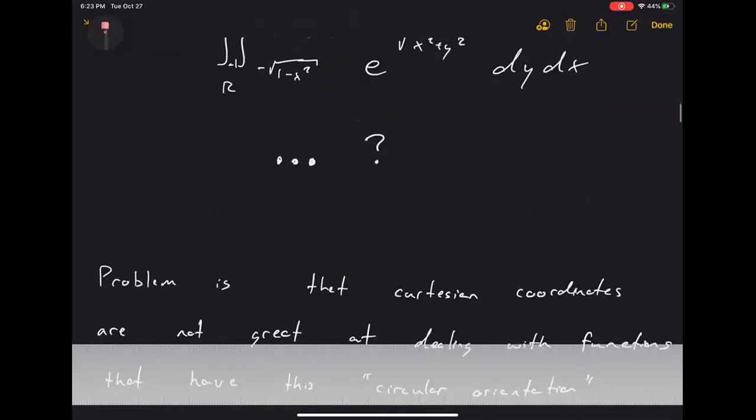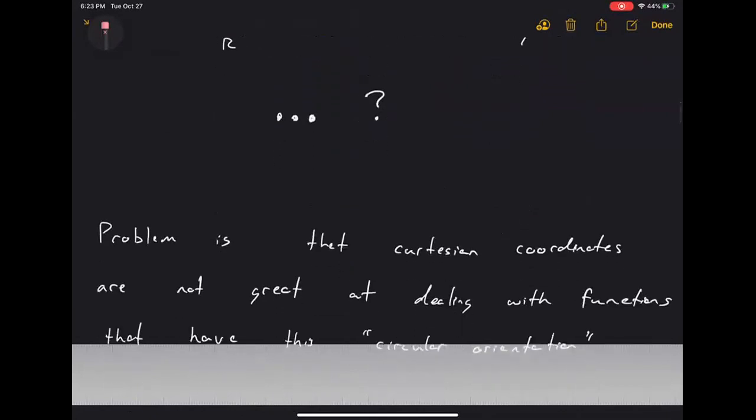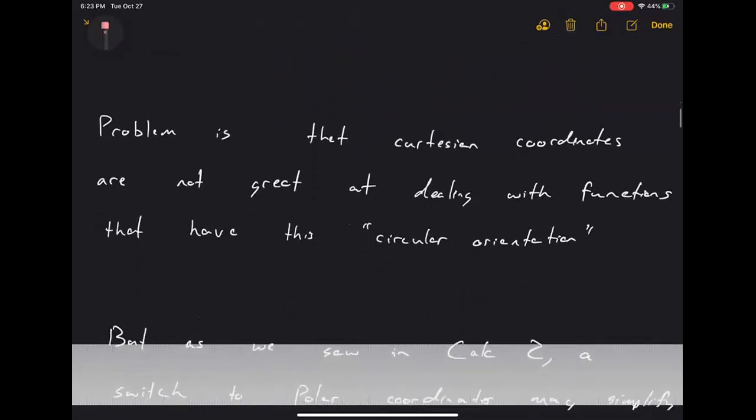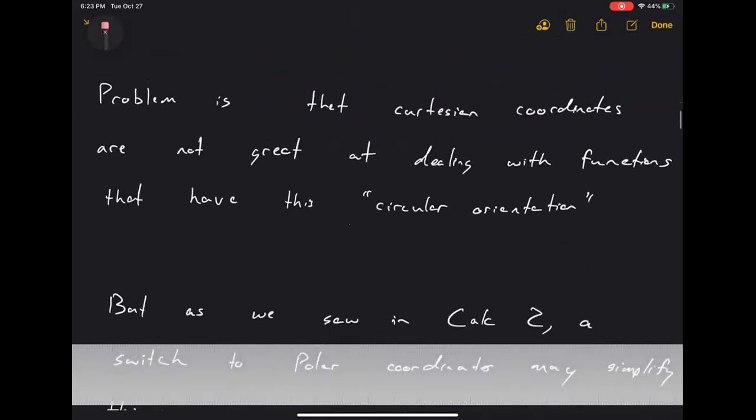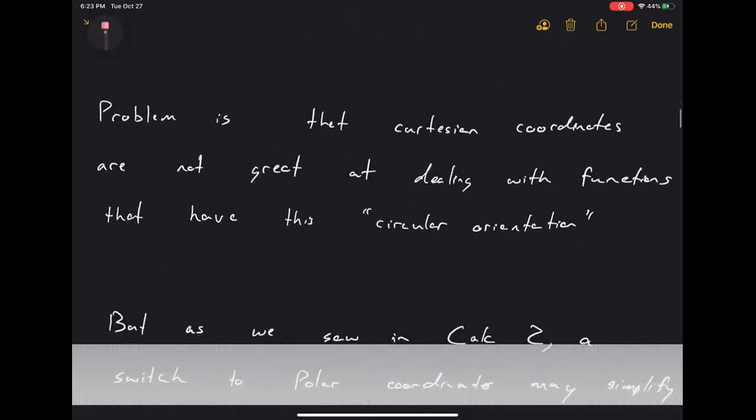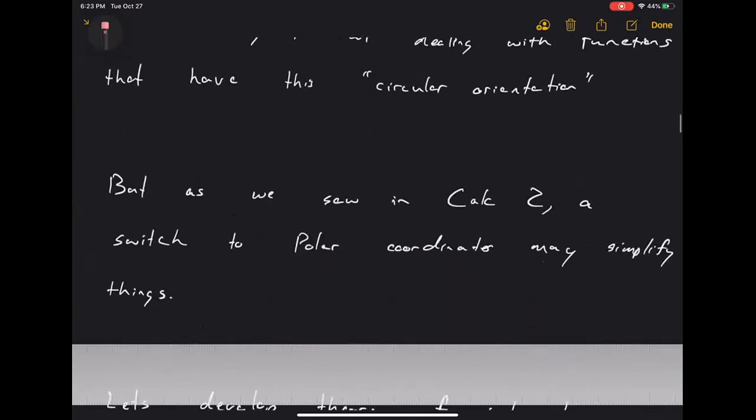So it's kind of a motivating example, right? We want to develop a new tool. As I said, the problem is that these Cartesian coordinates don't really deal well with functions that are oriented around the origin, with a circular orientation. That's my term, you're probably never going to see it again, but it has some symmetry around the origin.